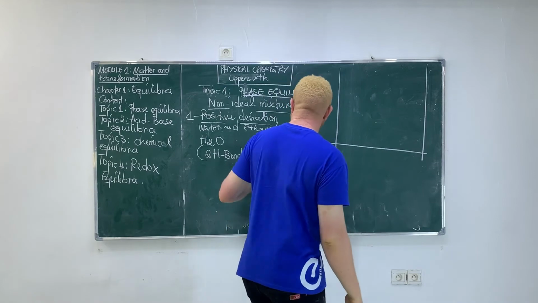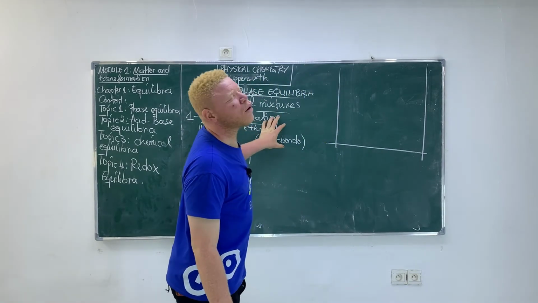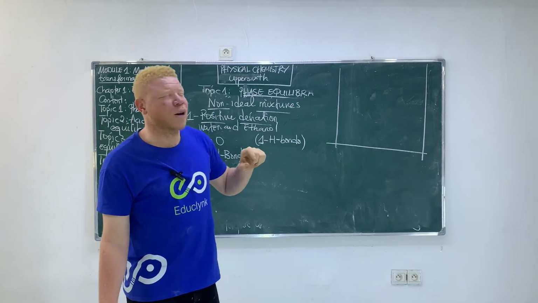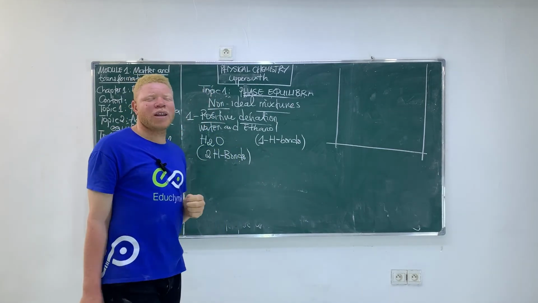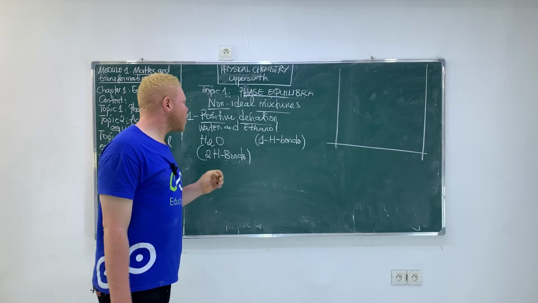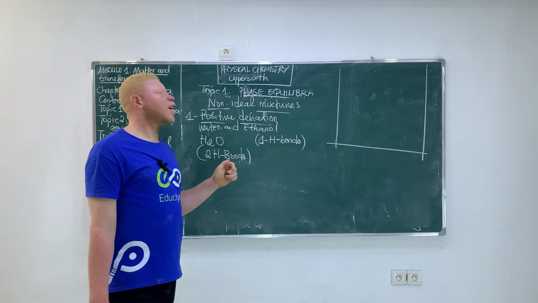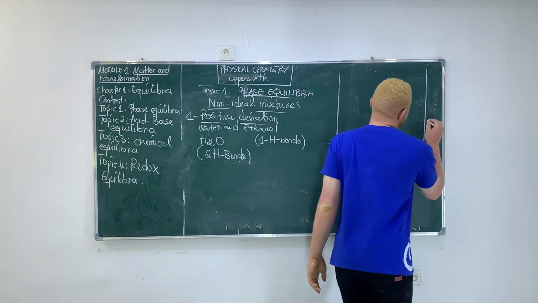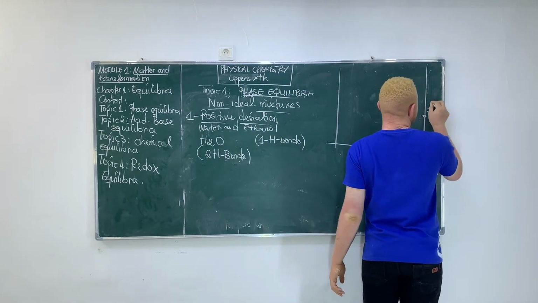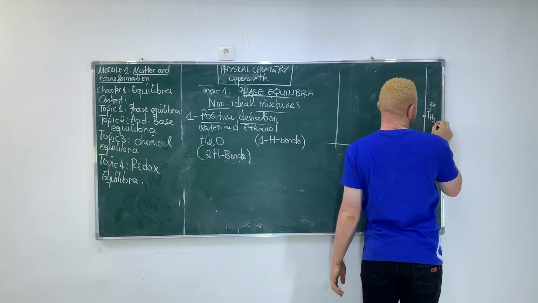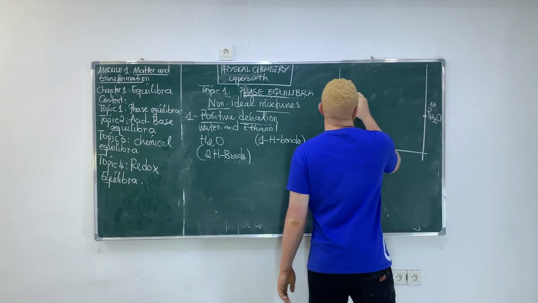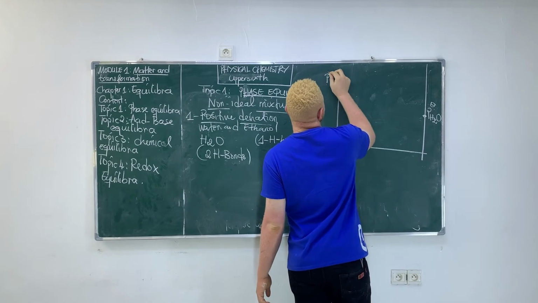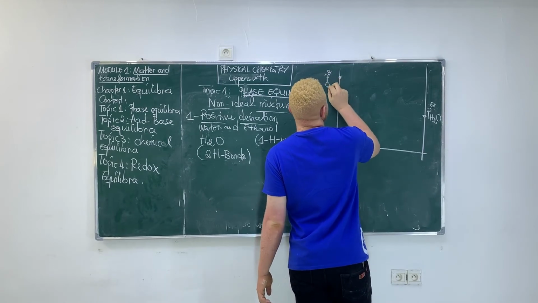So let me draw the vapor pressure composition diagram. We said ethanol and water have strong intermolecular forces, hydrogen bonds. But the one in water is more pronounced than the one in ethanol, meaning the vapor pressure of water is lower than that of ethanol. So here we have P theta of water. Here we have P theta of ethanol.